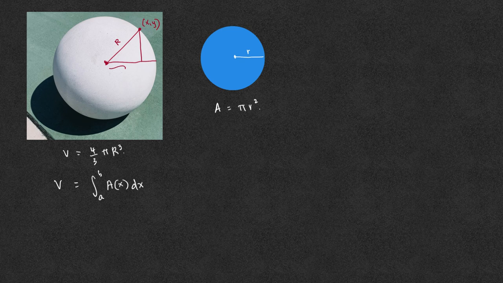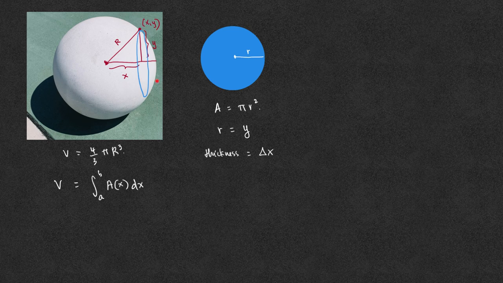If we slice the solid perpendicular to the x-axis, then the radius of the cross-section is y, as the diagram shows. So r equals y, and y is related to x and capital R by the Pythagorean theorem, where x squared plus y squared equals R squared. And the thickness of the cross-section is delta x.